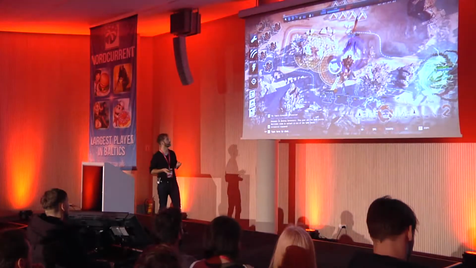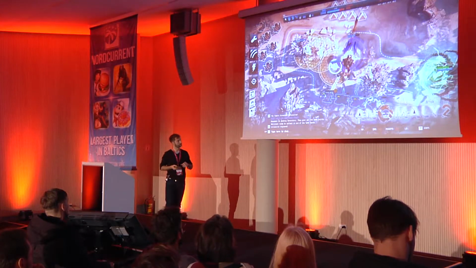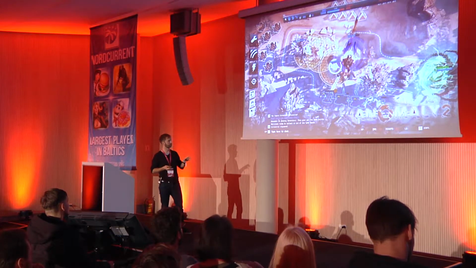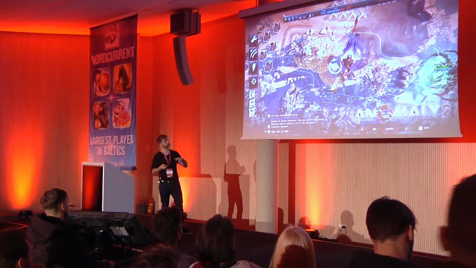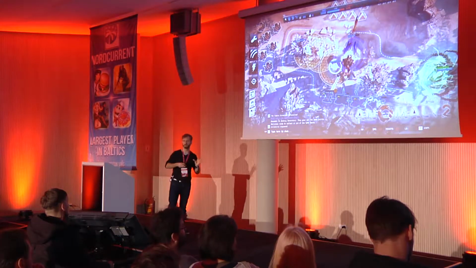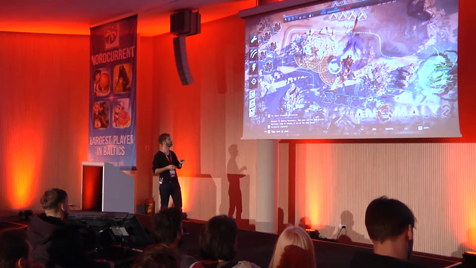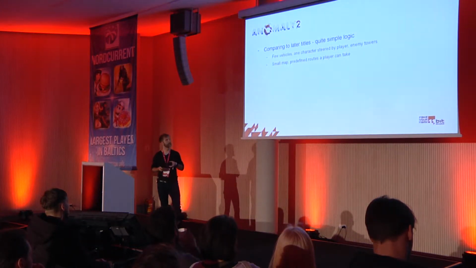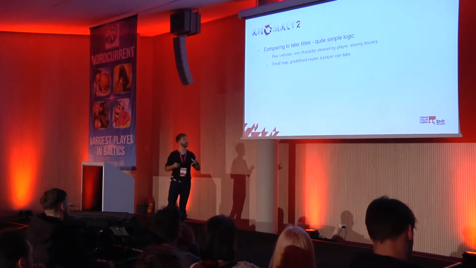the components configuration. Now, one of the first games that we developed, where we actually started using components, was Anomaly 2. There's not much happening in the game here except for the explosions. We have towers, some vehicles that shoot each other, some abilities, and so on. This is quite simple logic compared to our other titles.